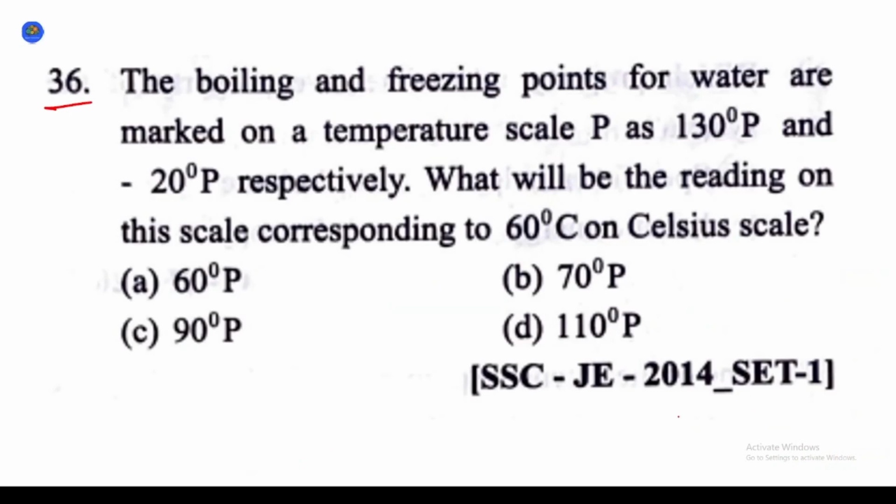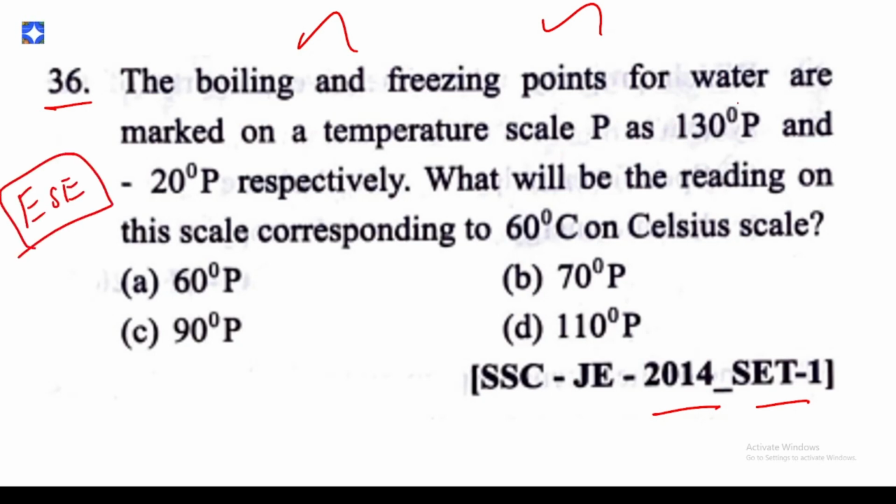This question was asked in the year 2014, set 1. The boiling and freezing points for water are marked. This is a famous question which has been asked in the engineering services exam many times. Boiling and freezing points for water are marked on a temperature scale as 130 degree P and minus 20 degree P respectively.